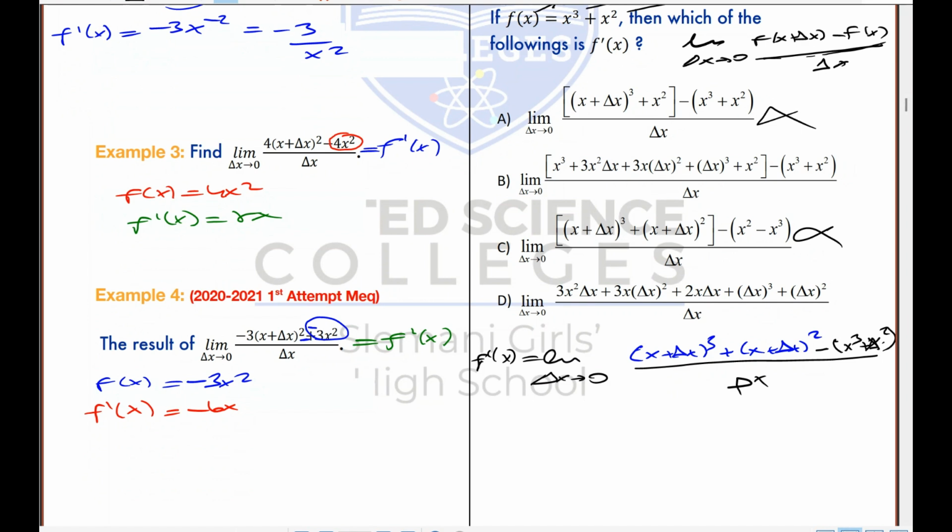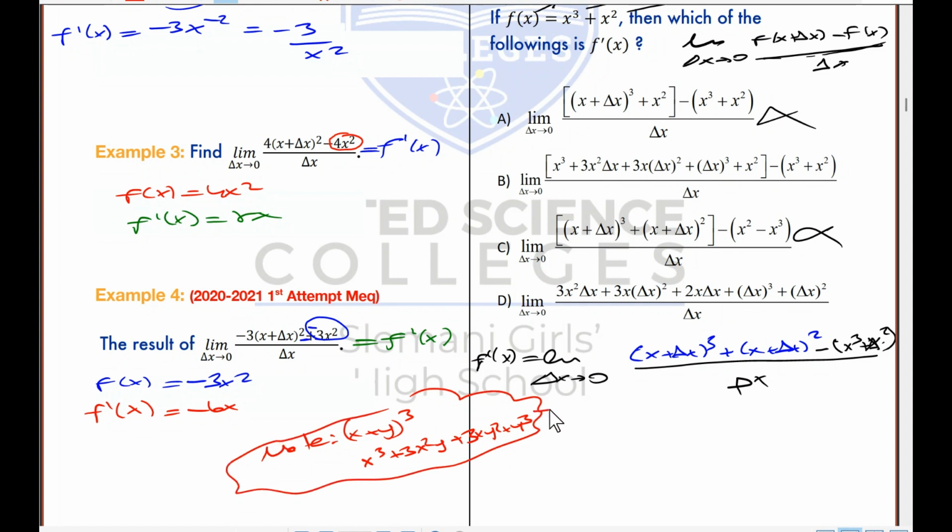Note x plus y cubed. Okay, who remembers? Let's jog your memory. It's x cubed plus 3x squared y plus 3xy squared plus y cubed. So by using that expansion rule, we are going to expand this cube.